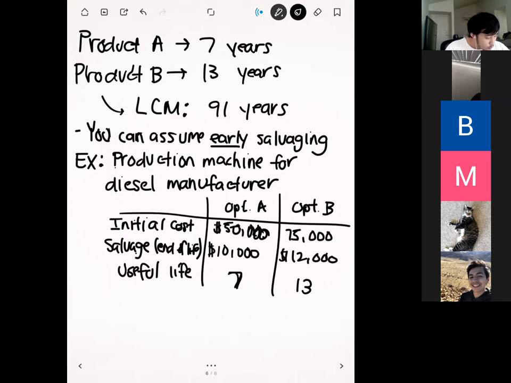Okay. And so what you want to do is use present worth analysis to find out which machine is best. But you can't find a least common multiple here because you're not going to be using the same machine for 91 years.